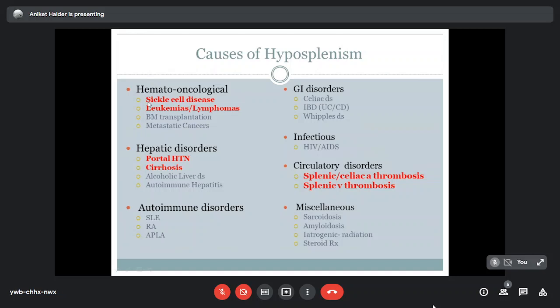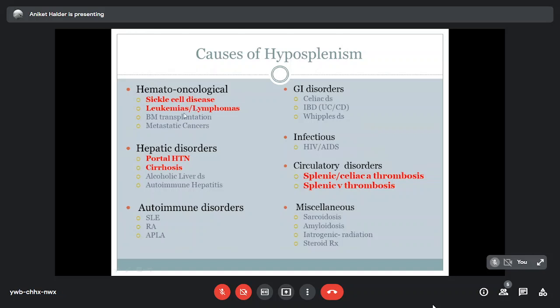But in most cases of sickle cell anemia, there are usually repeated infarcts due to obstruction by the sickle cells in the splenic vasculature, causing splenic atrophy, and finally there can be autosplenectomy. So sickle cell anemia and sickle cell disease is a very important cause of hyposplenism and asplenia.